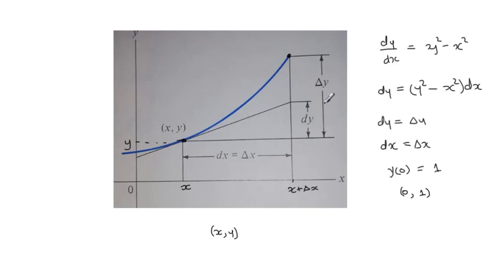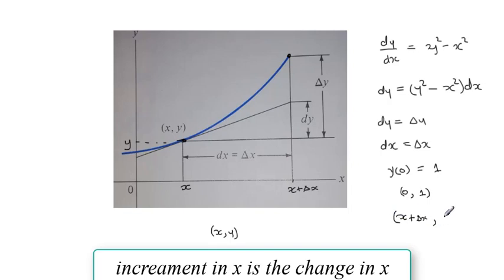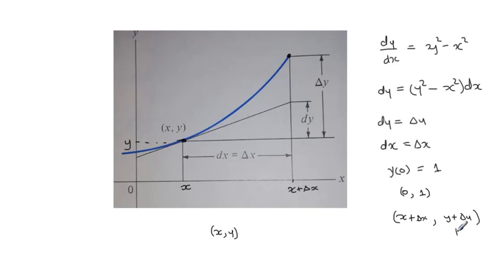Now if we know the increment in y, we'd have a new point here, which is x plus change in x, comma, y plus increment in y. Once we know this point, we do exactly the same thing we did with the previous point to get this one, and we can go on and find the next point.